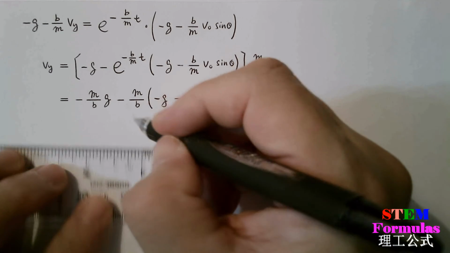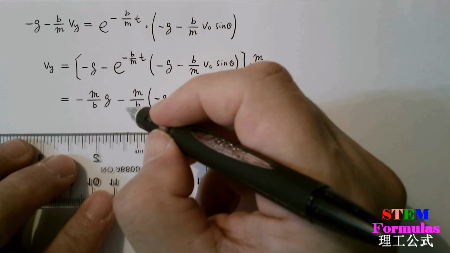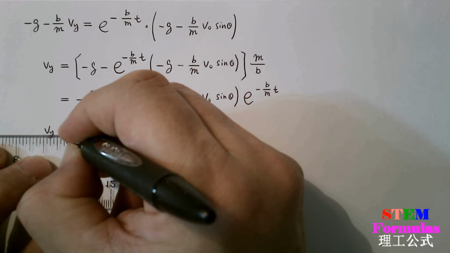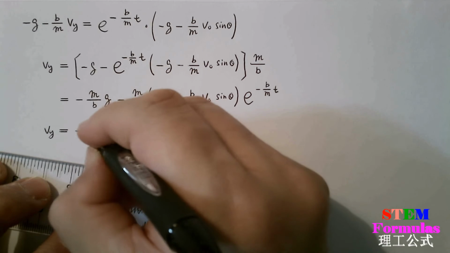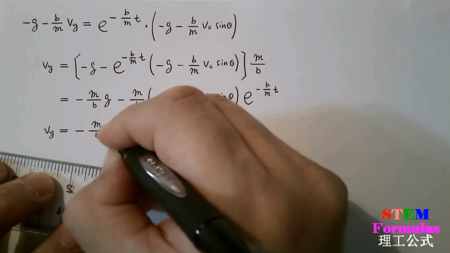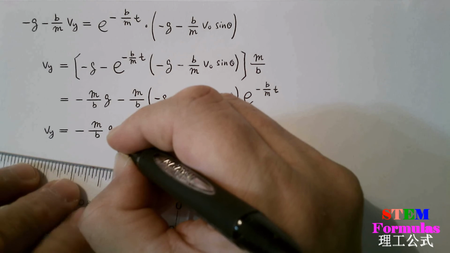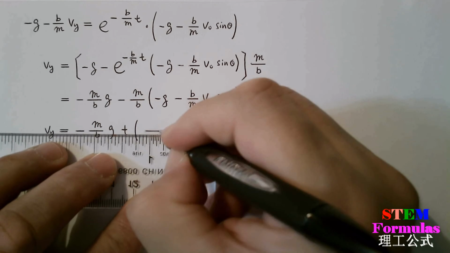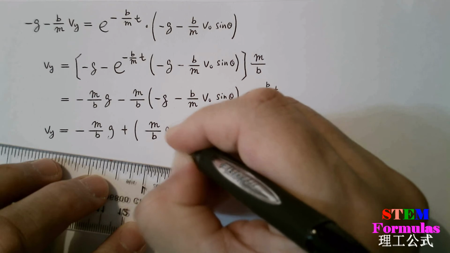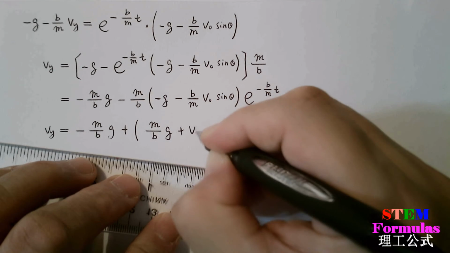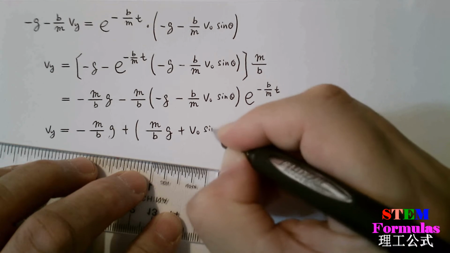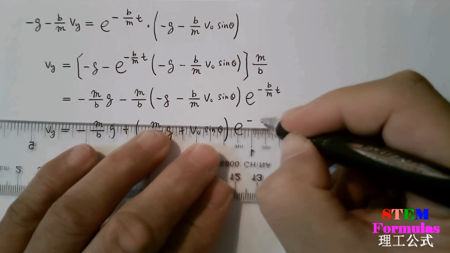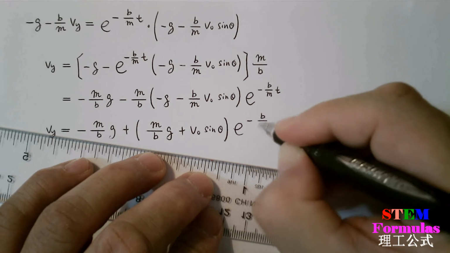And I can further simplify as Vy equal minus m b g plus m b g plus V0 sine theta e to the minus b m t.